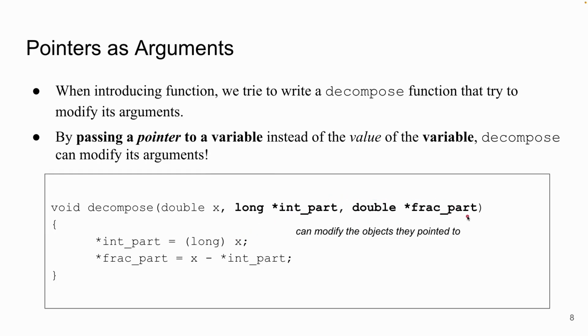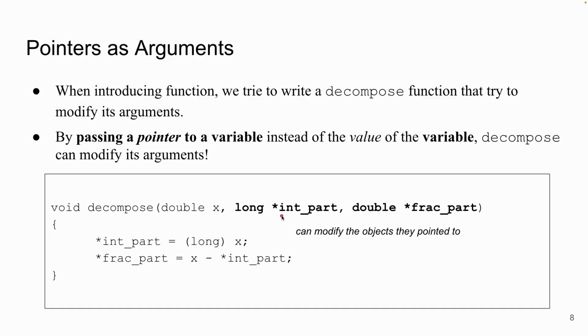However, after learning the concept of pointers, we know that we can actually achieve that by modifying the decompose function like this. What we modify is the two parameters. Originally, the two parameters are just an ordinary long integer and a double.